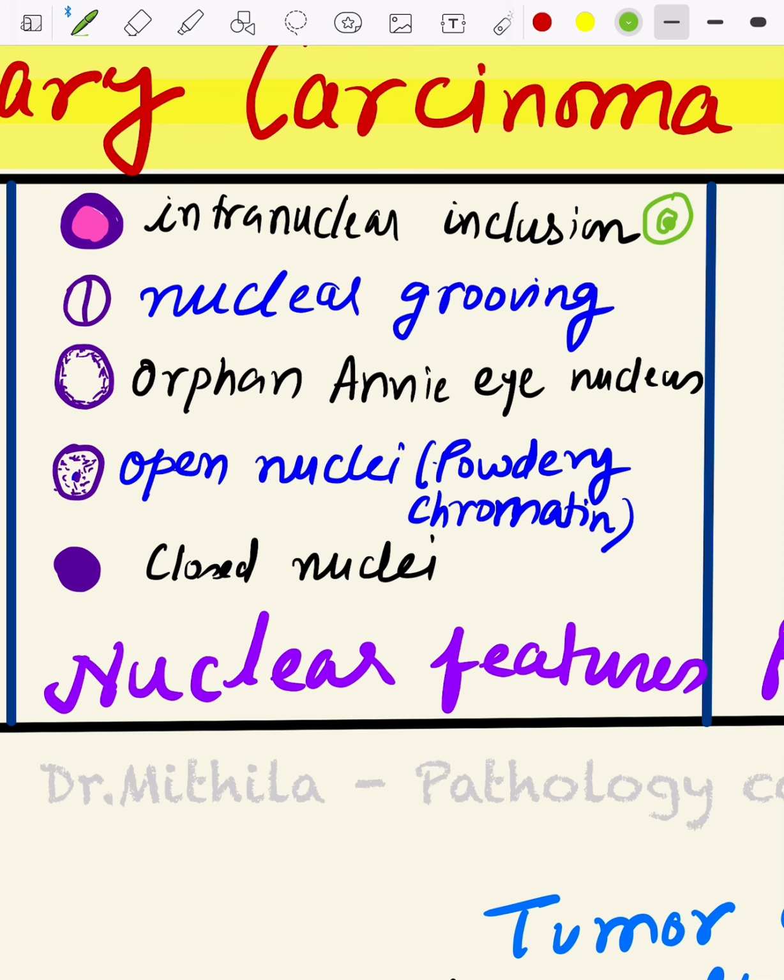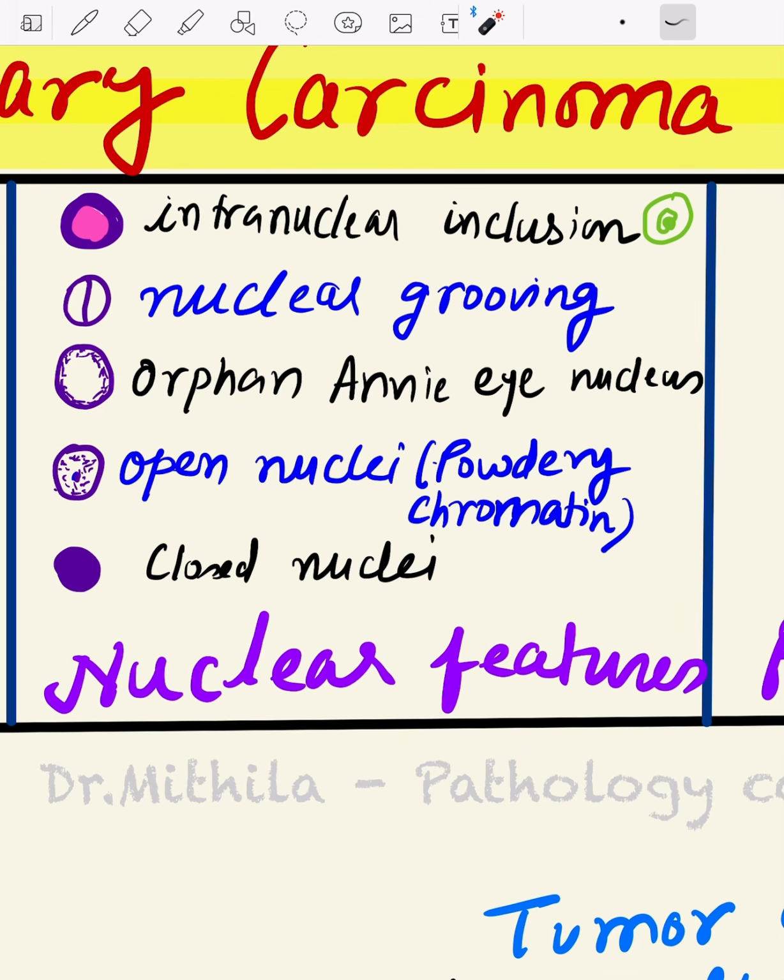So since the cytoplasm is eosinophilic, pink in color, these inclusions are also pink in color. So these are the intranuclear inclusions, and their origin is cytoplasmic. So they appear round and they are pink in color. So these are intranuclear inclusions formed by the folding of nucleus, and they are enclosing a part of cytoplasm within it.